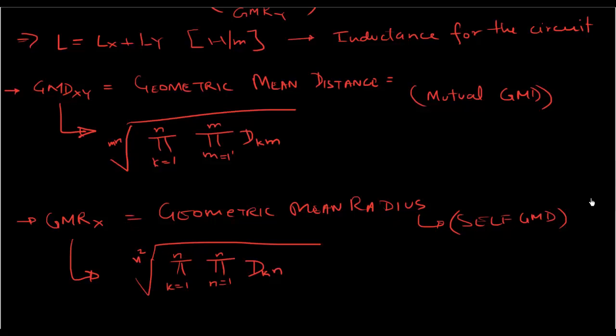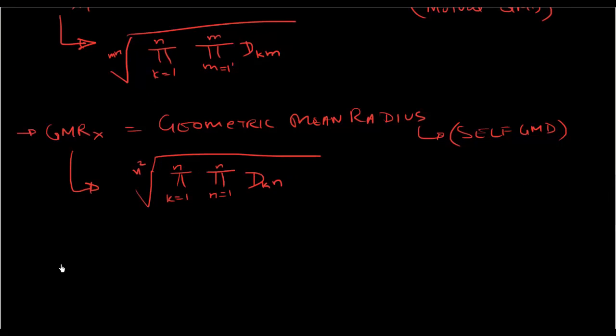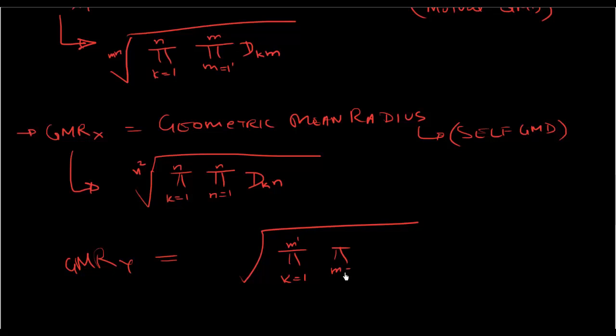And similarly you'll have GMR y would be equal to product of k going from 1 to m prime, product of m going from 1 to m prime, dk of m, and that will be to the root of m square.